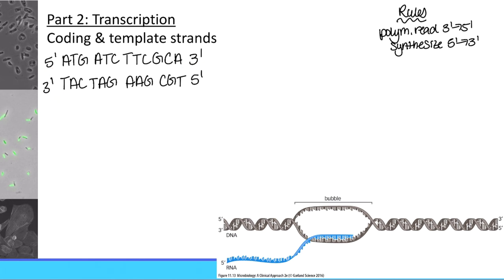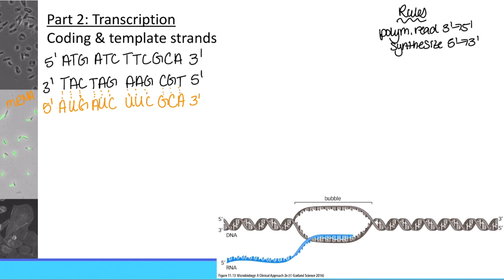So we're going to use this strand down here, and I'm going to make my mRNA orange here. If we start to write this now, T base pairs with A, A base pairs with U, C base pairs with G, and then T, so A, U, C, U, C, G, C, A. So here is our mRNA now that we have synthesized.